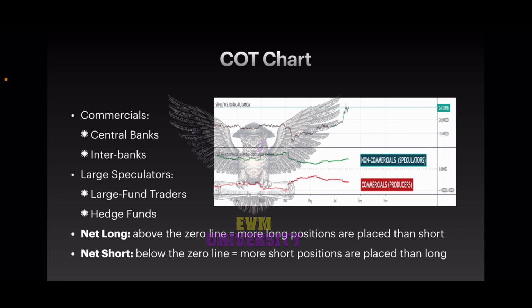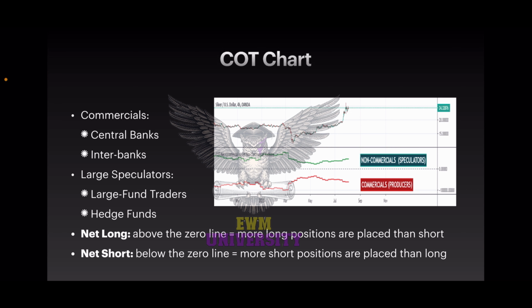And we're going to be referencing this chart using the terminology of net long and net short. So just remember those phrases: net long and net short. Net long is above the zero line, meaning that there are more long positions placed than short.